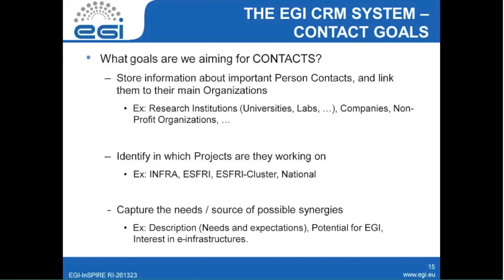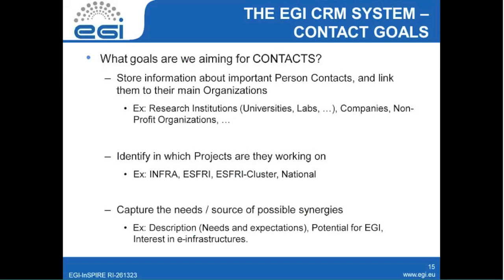And the information we want to store for contacts is very similar to the one that we want to store for organizations. Basically, we want to identify where these persons are working. They can be working in research institutes or in companies or in any other kind of institutes.